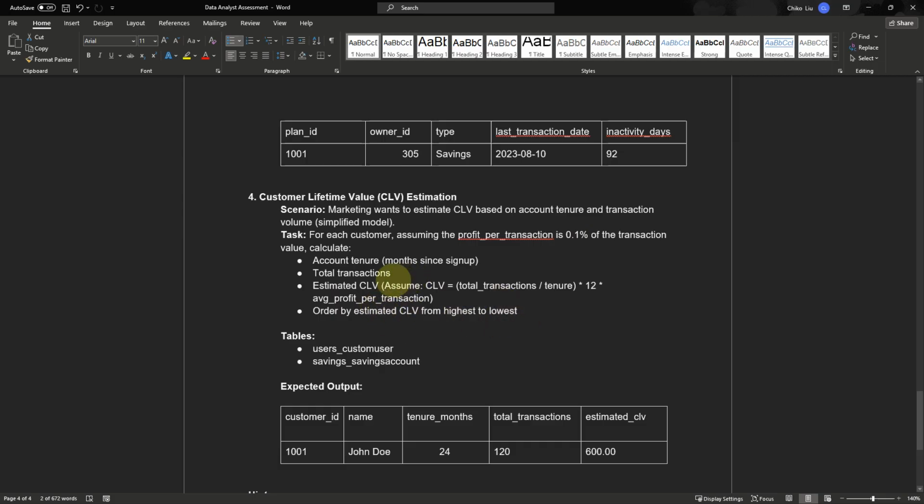So this one is just an order by from highest to lowest, and this is the expectation. The tables we are going to focus on are these two, and transaction value would be a transaction that is successful.